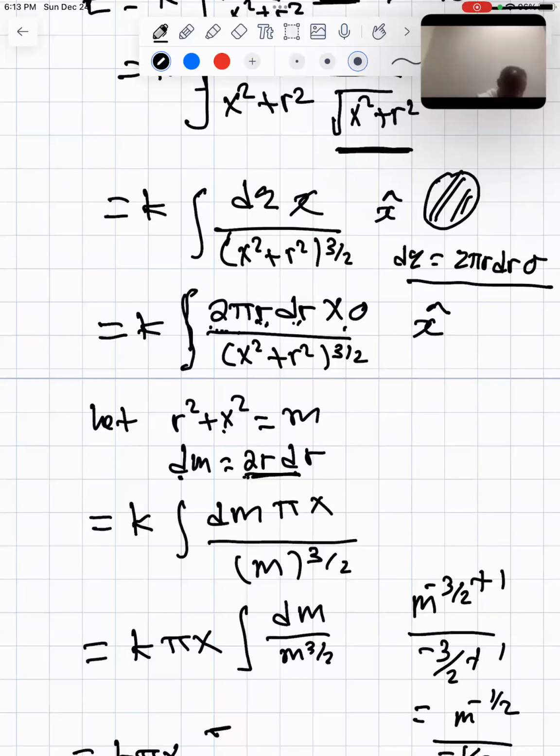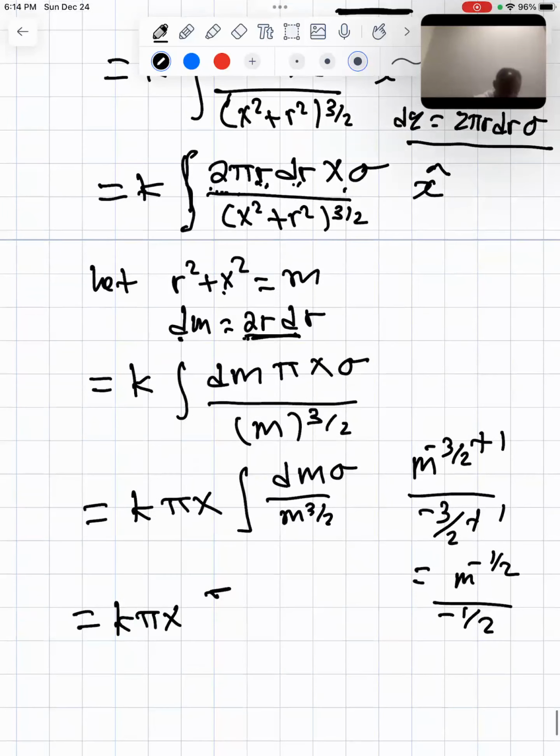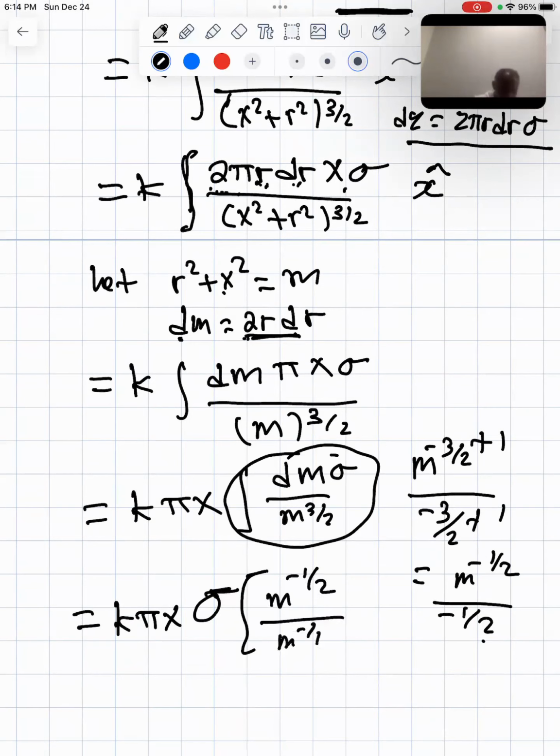So there should be sigma here. So 2 pi x sigma is common. The integral of that, I already took care of it: m to the minus half, okay.